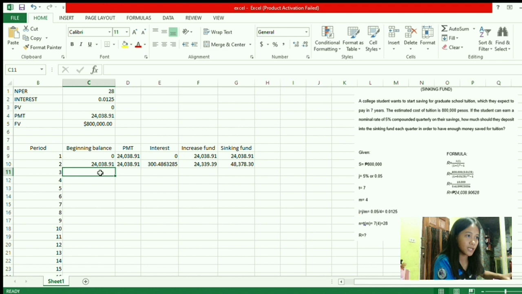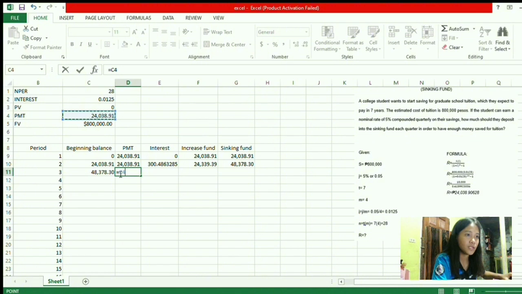Same process again. Equal sign, and the beginning balance is the sinking fund of the second period. So click this sinking fund and then enter. To get the PMT, equal sign and then PMT at the top. We need to put a dollar sign at the left side of C and between the C and 4.